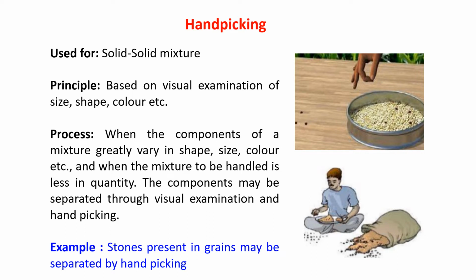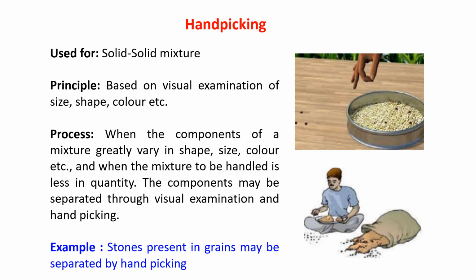Handpicking is used to separate solid-solid mixture. The principle is visual examination of size, shape, color, etc. The process is used when the components of a mixture greatly vary in shape, size, color, etc. and when the mixture to be handled is less in quantity.